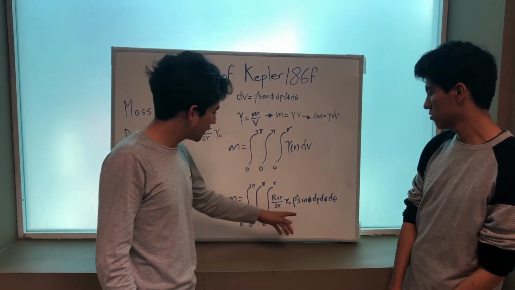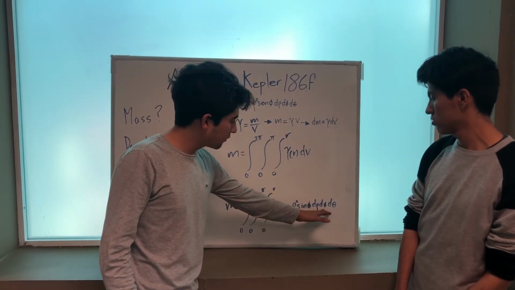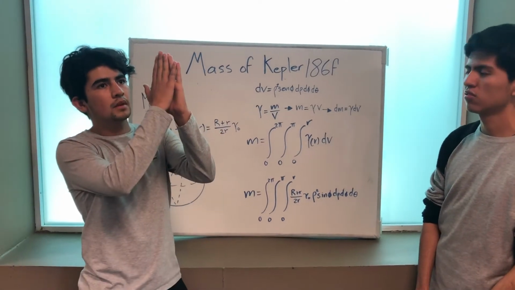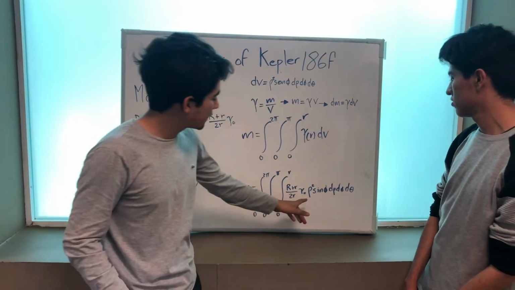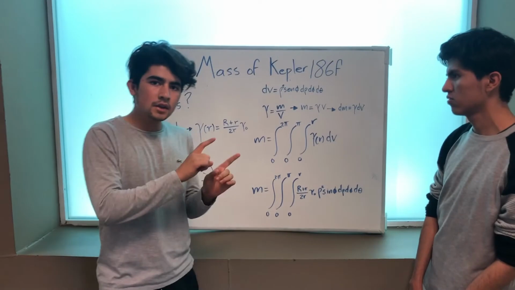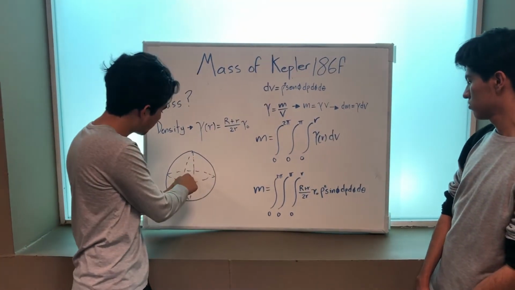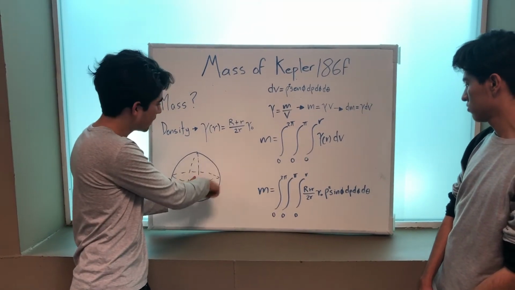So rho is the radius of our sphere and how it changes, the distance of the radius from the origin all the way to the edge.